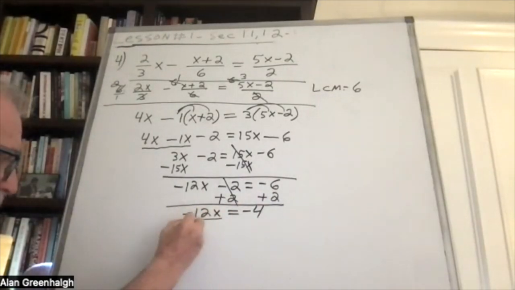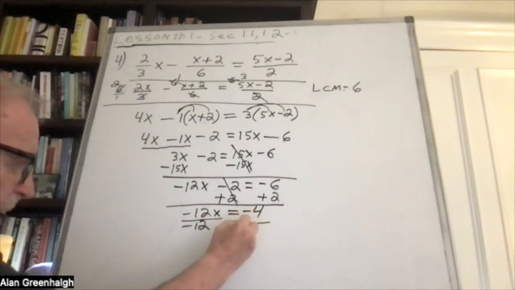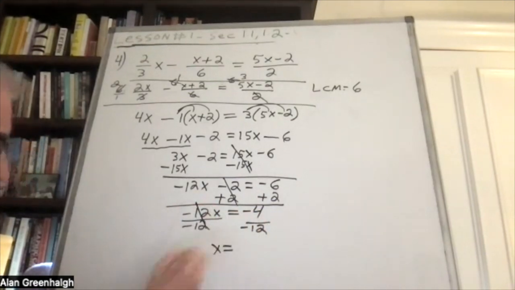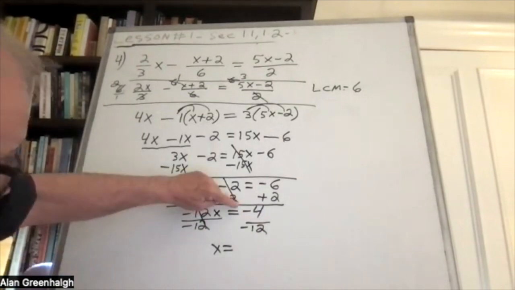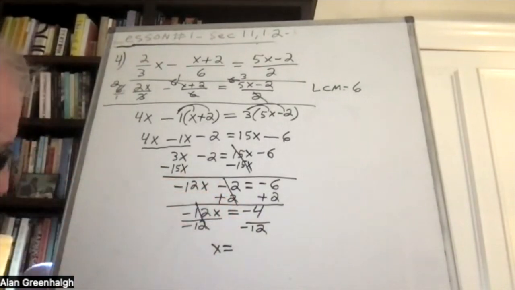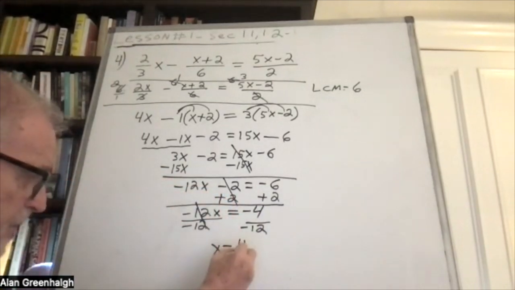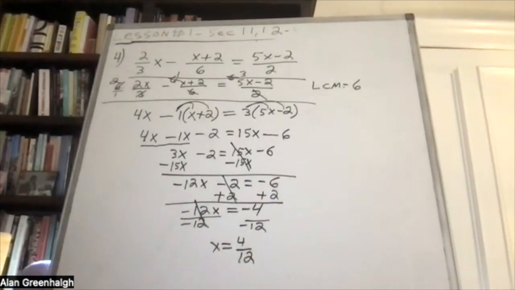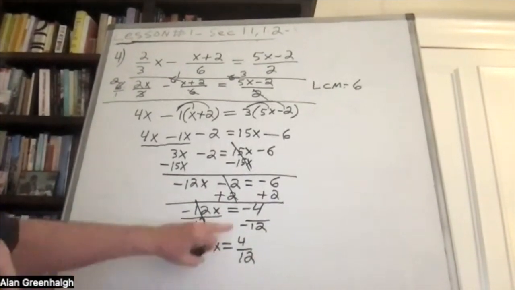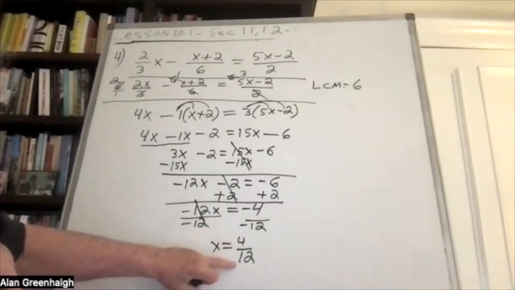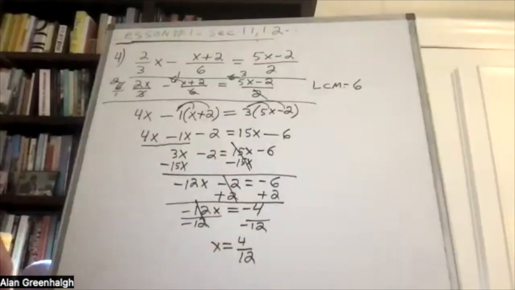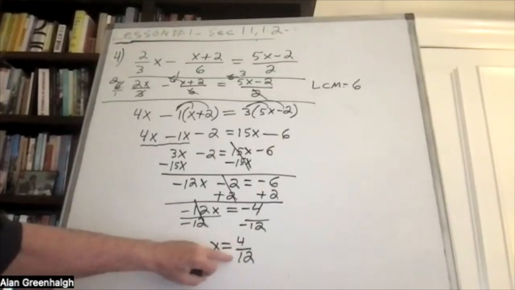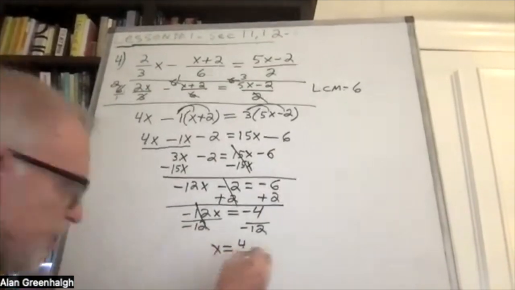Divide by negative 12. And the negative divided by the negative will be positive. It comes out to 4/12. If this were an exam and somebody left this as 4/12, I would have to take points off because this is not in simplest form. This has to be in simplest form.